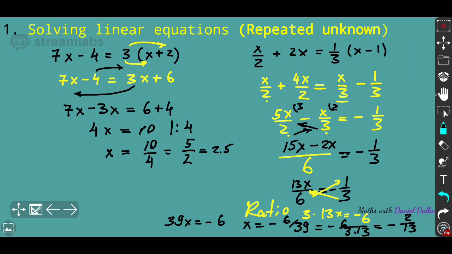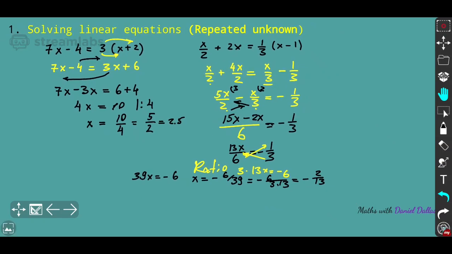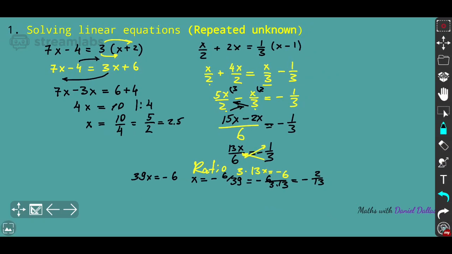We can try to change that and, instead of using fractions, get rid of them. You can multiply both sides by the common denominator of what you have here and here, basically the number that makes the fractions cancel.